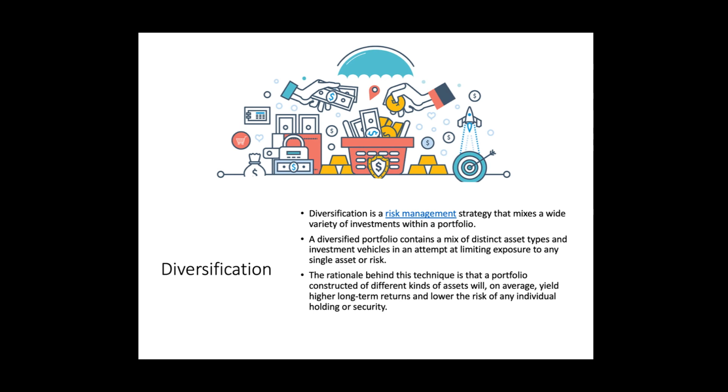But what happens if the government files a lawsuit, an antitrust monopoly lawsuit against Amazon, and the price drops? Yeah, a single security, a single stock holding represents a pretty risky investment, because lots of things can affect the company's future, right?